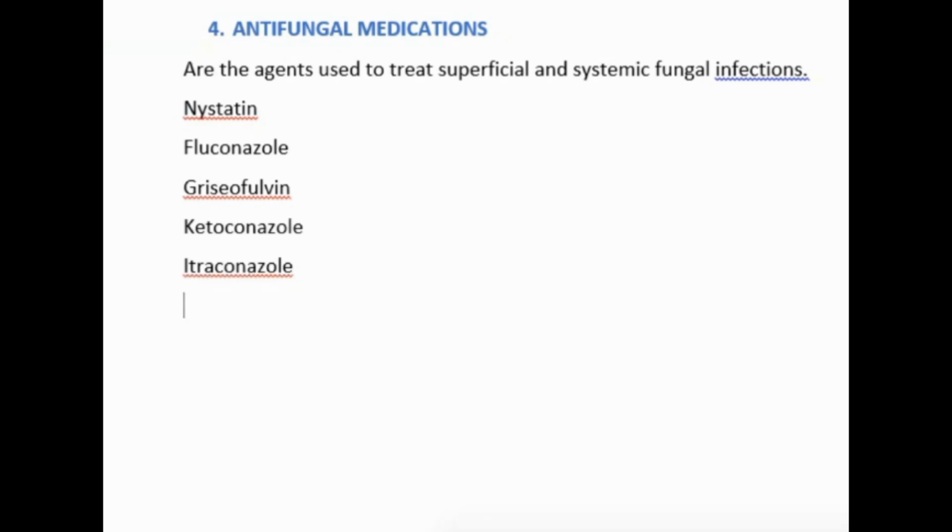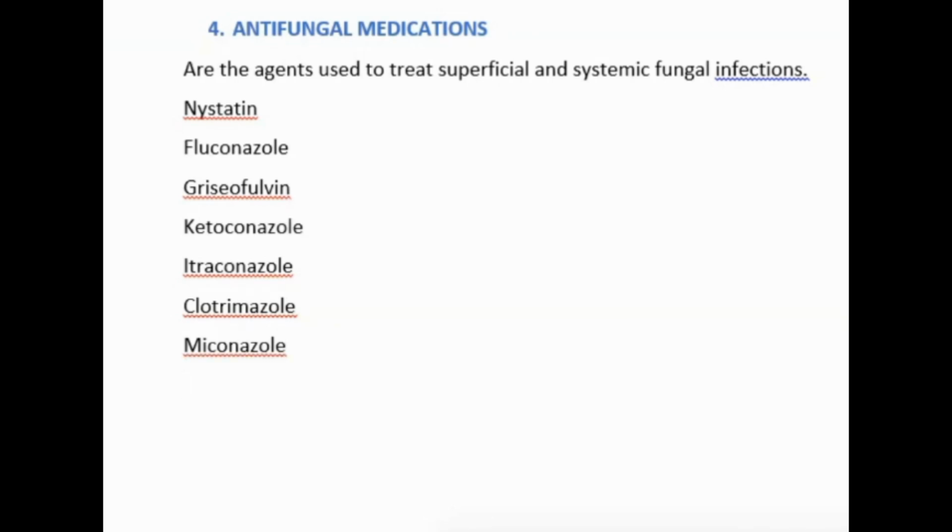Okay, for example, we have clotrimazole. Clotrimazole can either be tablet or cream. It is used to treat superficial or systemic fungal infection. We also have miconazole. Miconazole is also an antifungal medication which is used to treat superficial and systemic skin fungal infection.